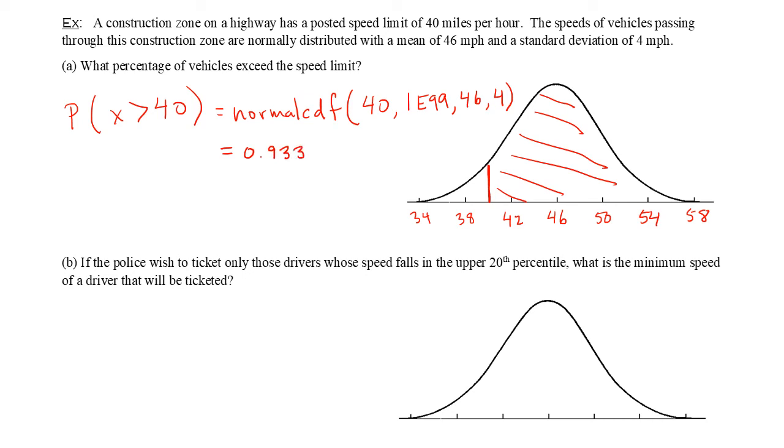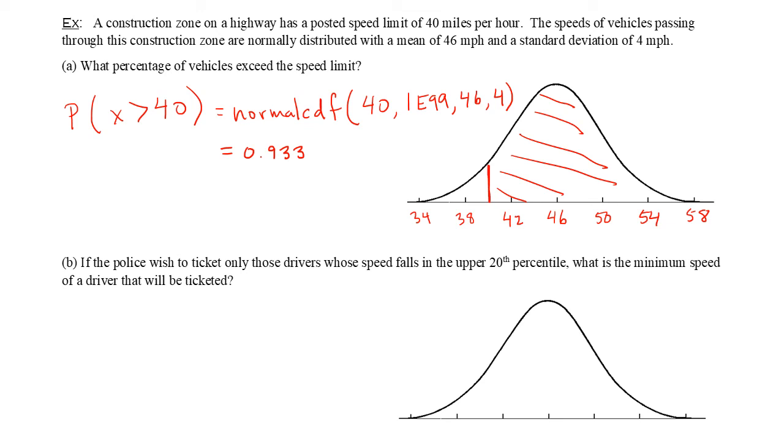If the police wish to ticket only those drivers whose speed falls in the upper 20th percentile, what is the minimum speed of a driver that will be ticketed?